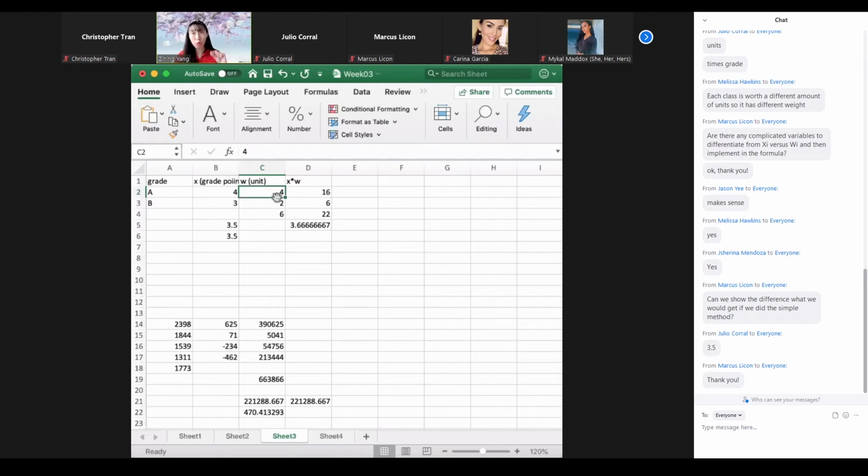Like in all your 4-unit classes, 3-unit classes, because now you understand that they carry more weight in your GPA calculation. So you want to spend more time and do really well in those 4-unit and 3-unit classes.